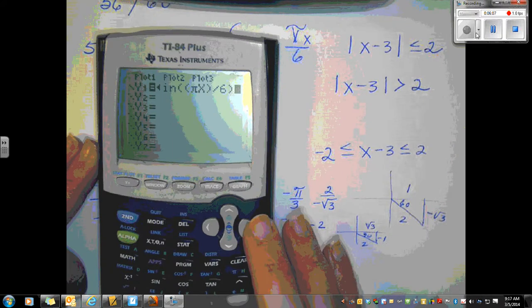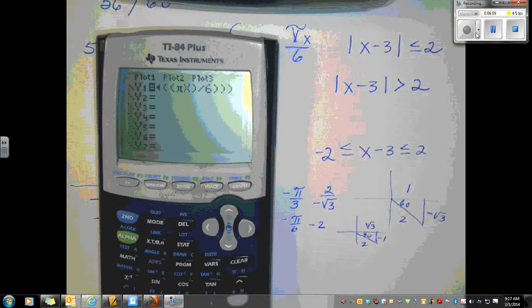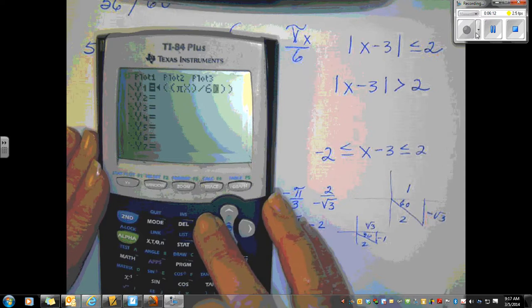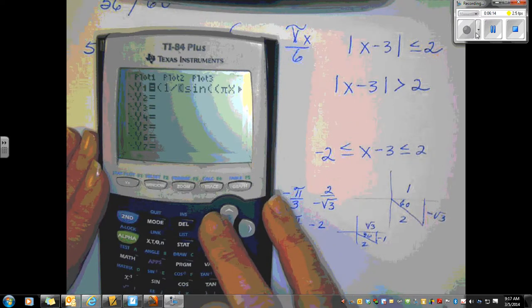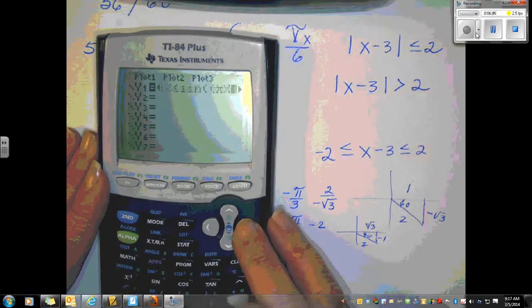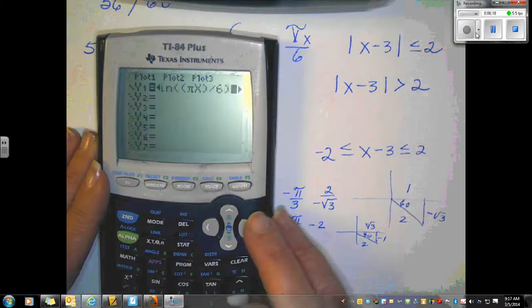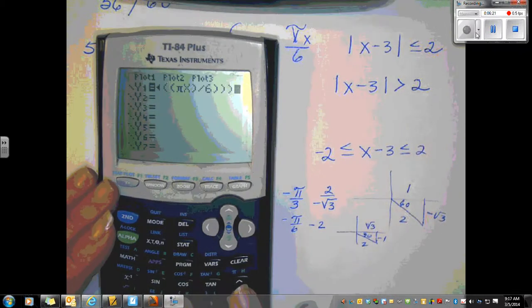I think I might need 2 parentheses this way. How many do I have going the other way? Okay.